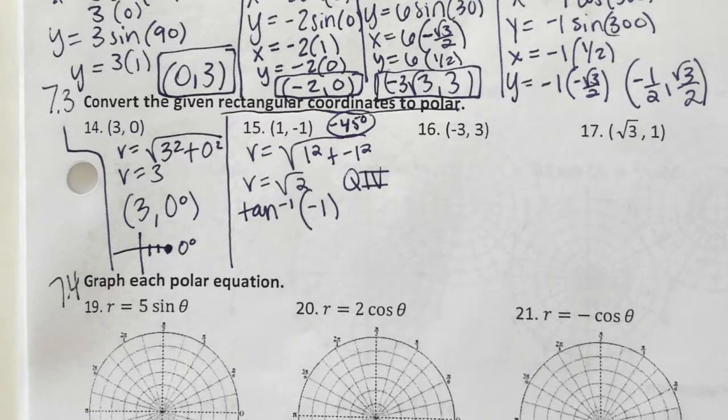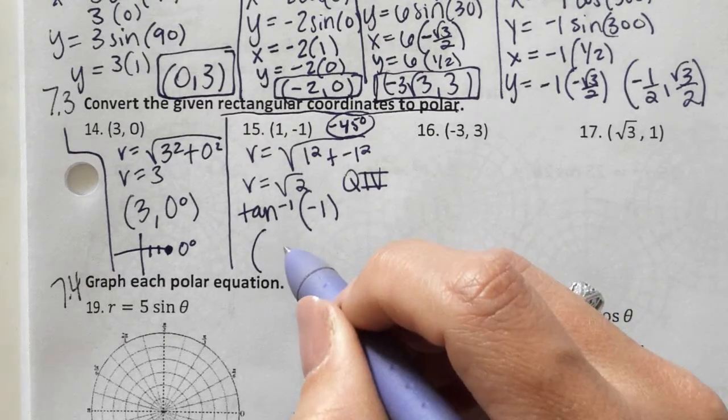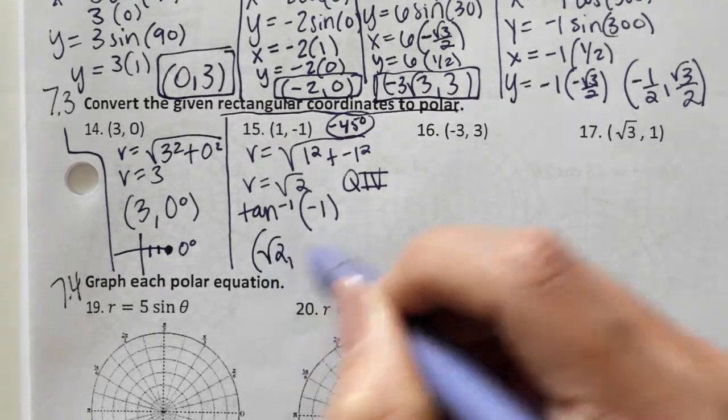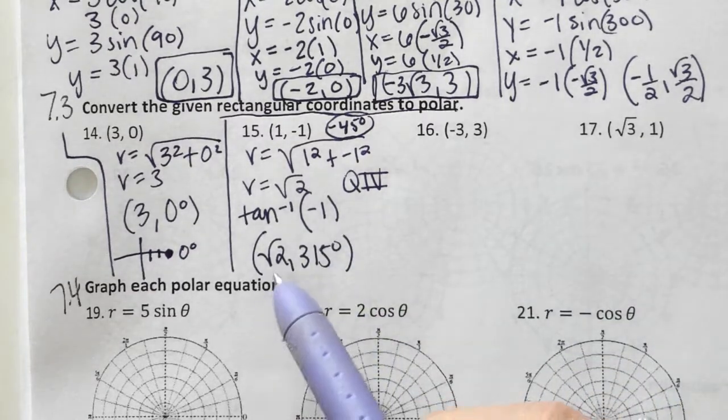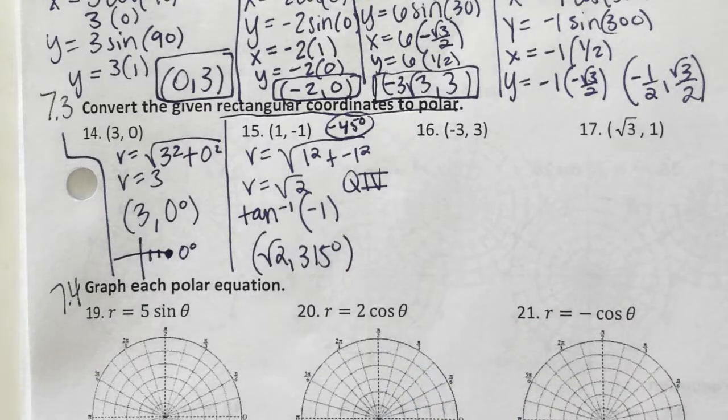How did you know that? 315. Very good. So either you could put square root of 2, comma 315, or if you put on your checkpoint or quiz square root of 2, comma negative 45 degrees or negative pi over 4, those will all work. Does that make sense? Yes, that's fine. Or negative pi over 4 or 315, whichever one.